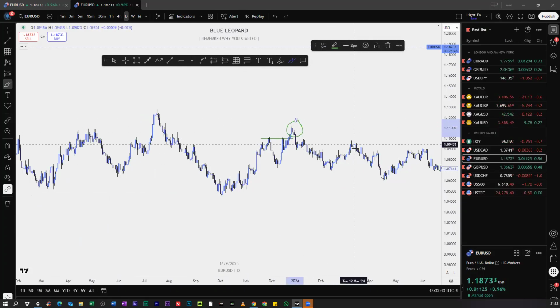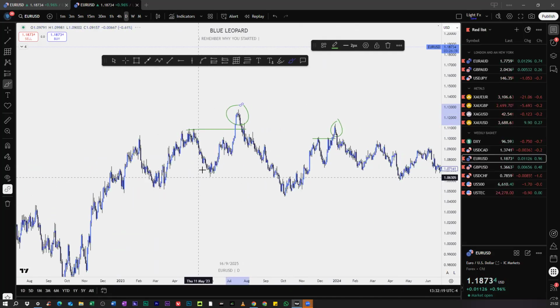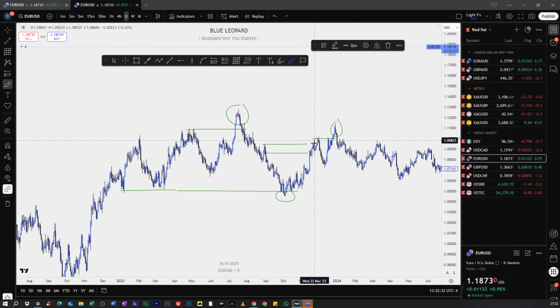Inducement here. You have a level that's taken out quickly and then price came back, inducement. You have a level here, nothing induced, but it came and induced here. This is an inducement. Where's the next trap? Here. You can see it did not break any structure.